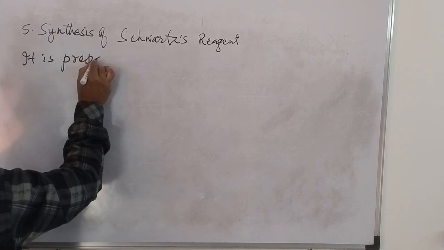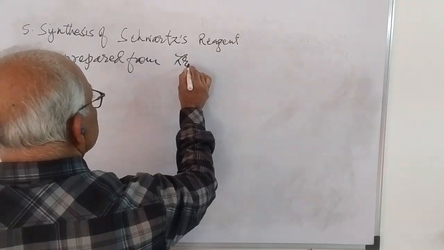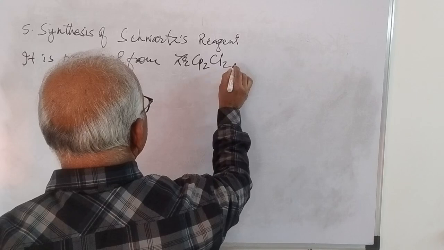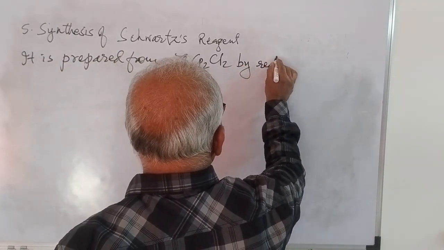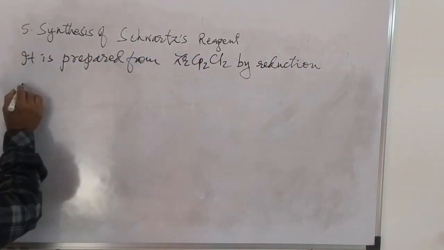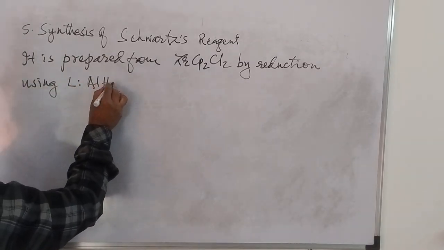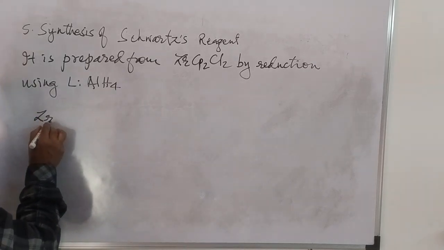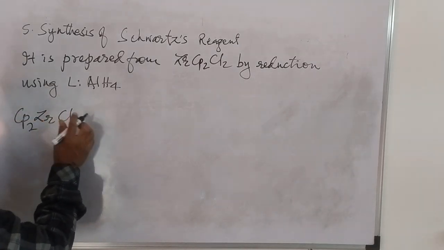It is prepared from zirconium, Cp2ZrCl2, by reduction using lithium aluminium hydride. So here we take Cp2ZrCl2.